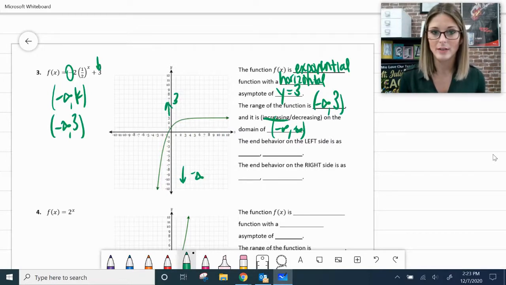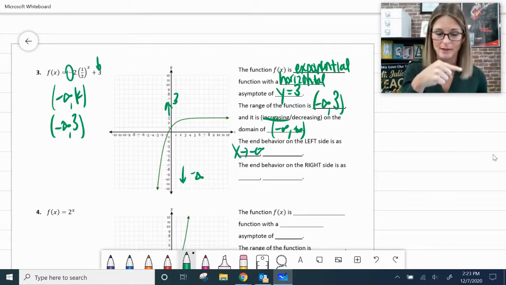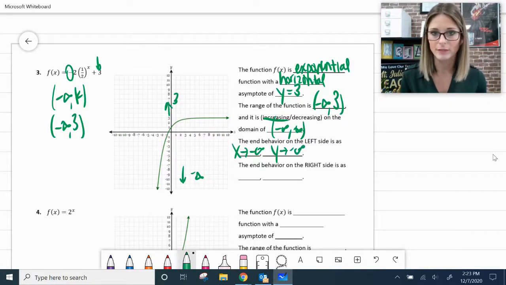The end behavior on the left side, as x approaches negative infinity, the y values are approaching down, negative infinity forever, going down, down, down. And I know my infinity signs are beautiful. As the end behavior on the right side, as x approaches positive infinity, as it goes to the right, my y is getting closer and closer to 3.